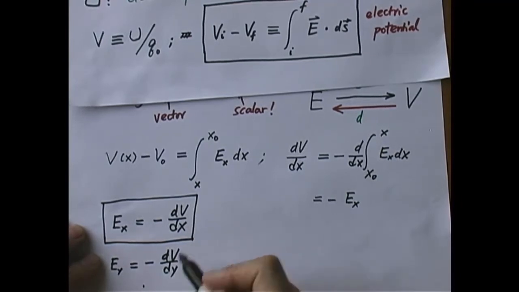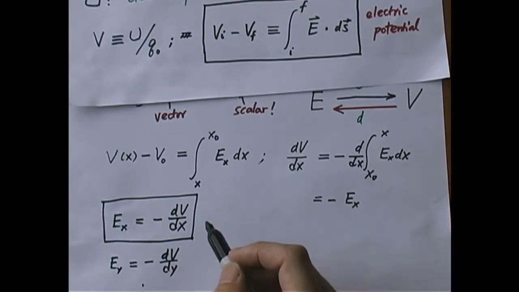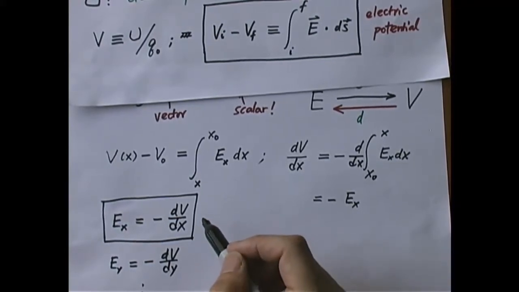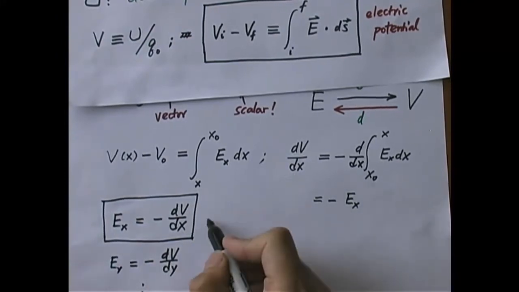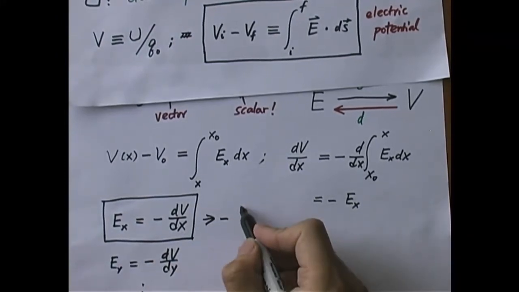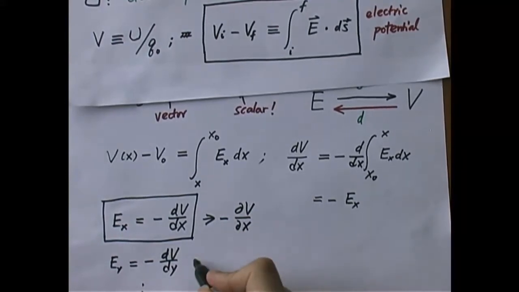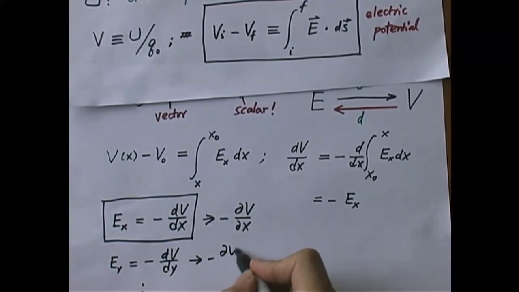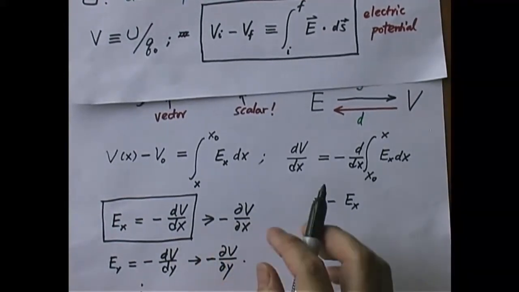When you take a derivative of a multivariable function, the proper symbol to use is the partial derivative symbol. So we're not going to use dV over dx anymore. Rather, more carefully, we write negative partial V over partial x, and the same thing, negative partial V over partial y, and for the z direction, something similar.